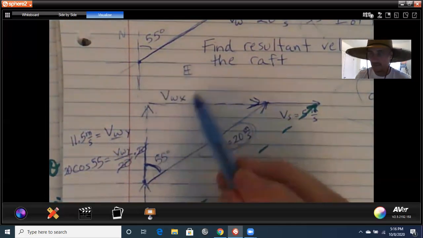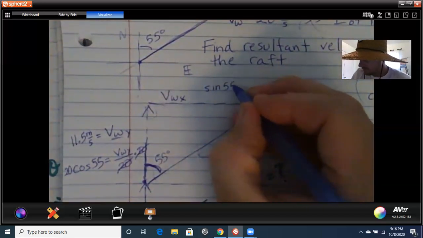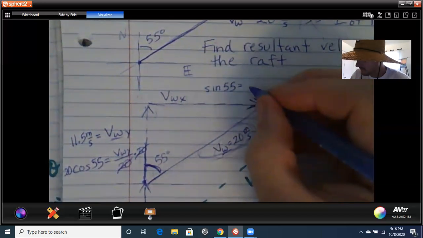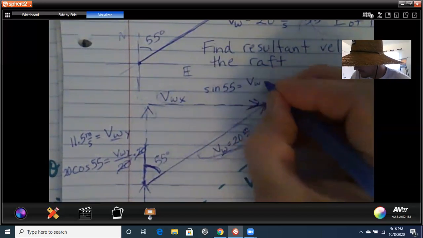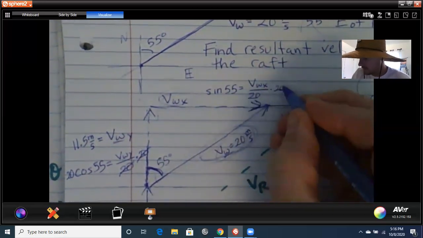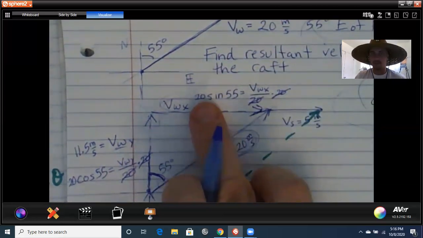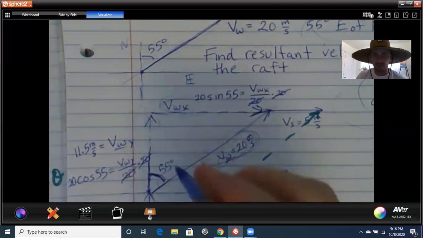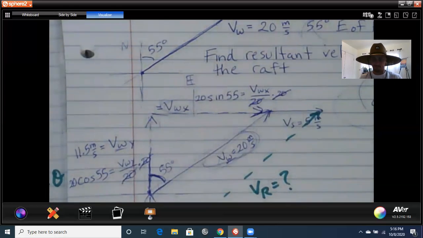So this VWX is opposite. We would write sine of 55 equals the opposite side, which is labeled VWX, all over the hypotenuse of 20. Multiply both sides by 20. Boom, boom. And we have 20 times the sine of 55 is VWX. Let's find out how much VWX is. All right.